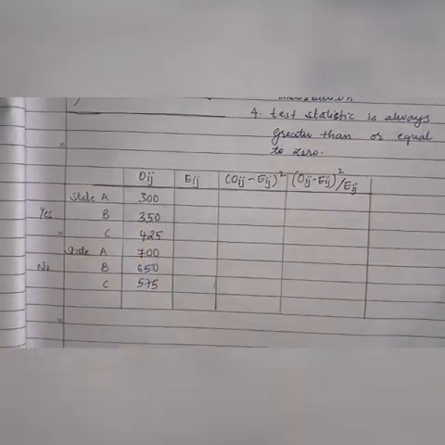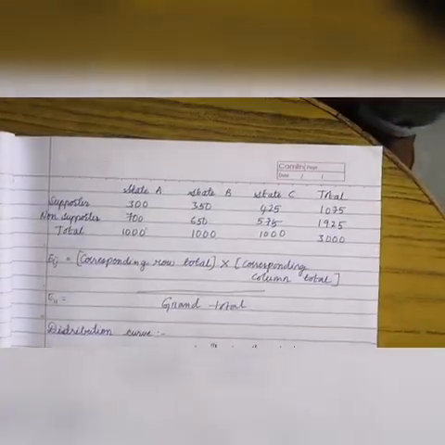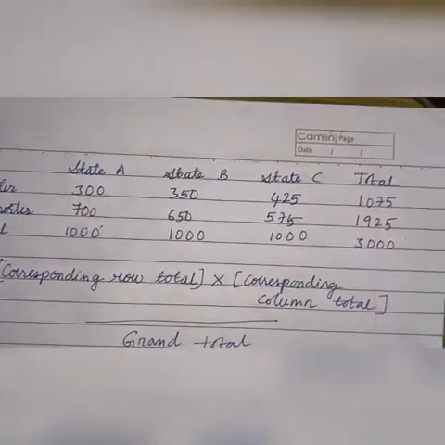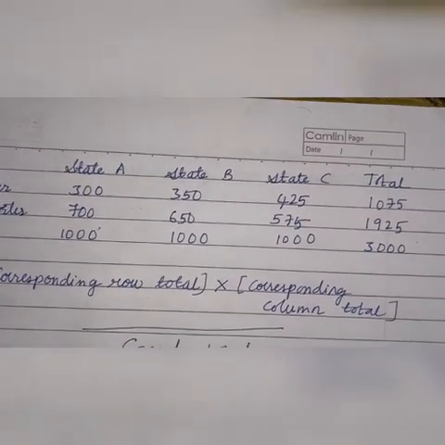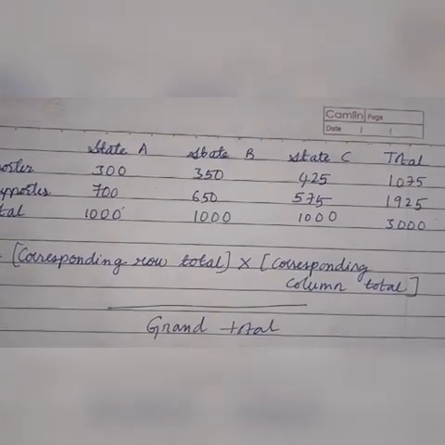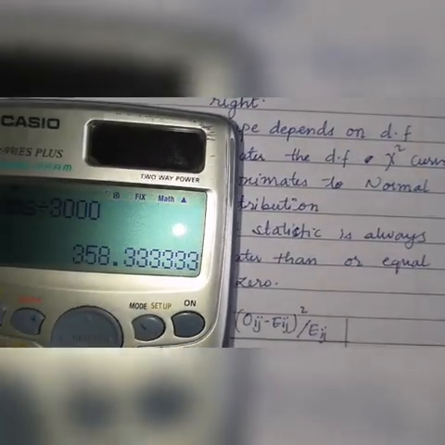Now expected frequencies you have to calculate from this table here. So the first value is 1000 into 1075 by 3000, which is equal to 358.333.